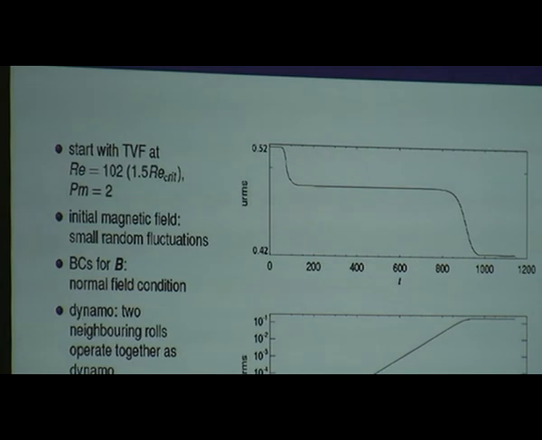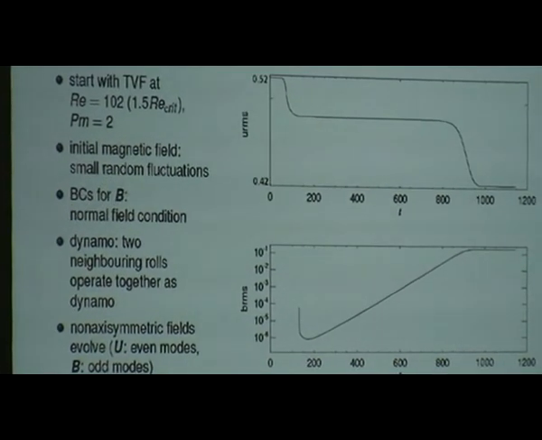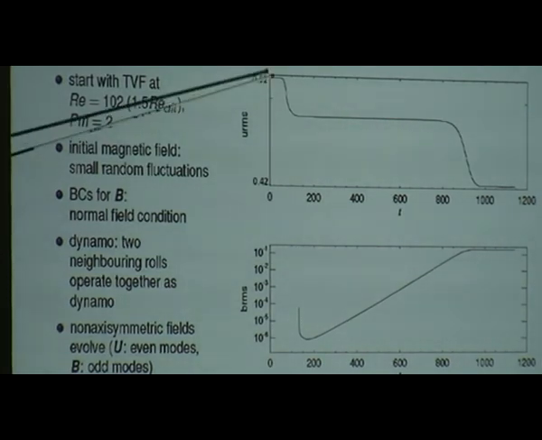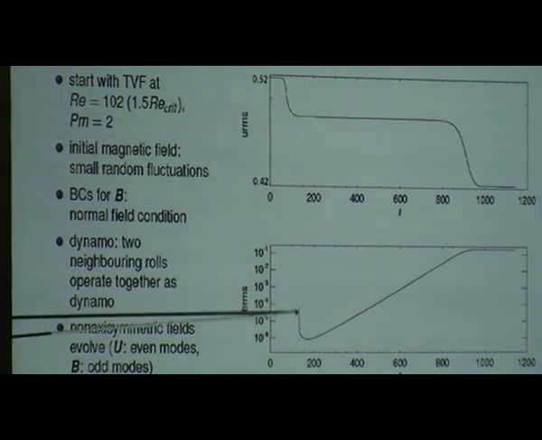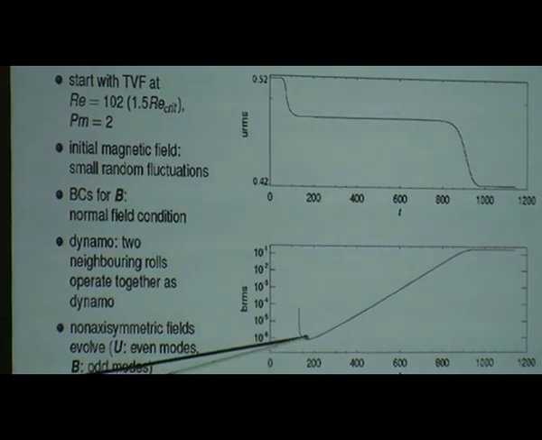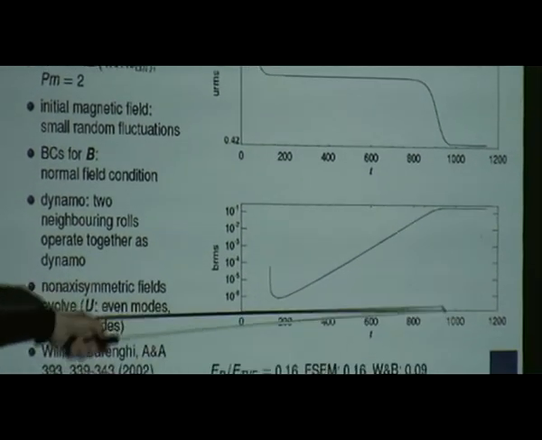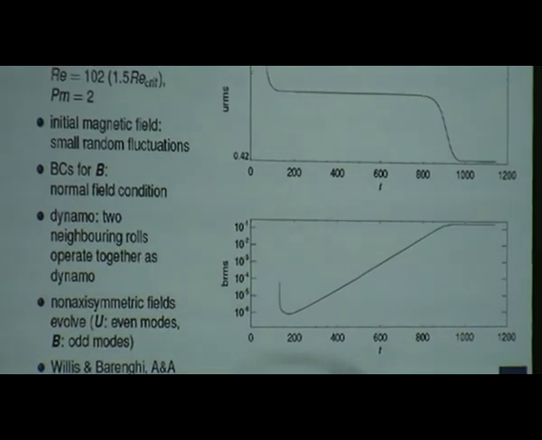And I started the simulation purely hydrodynamical, and after the transition to the Taylor-Couette flow, I added some small random fluctuations to the magnetic field, and then one can see that the velocity drops down a little bit, and after a short decay time of the magnetic fluctuations, they start to grow, and after roughly 10 times the viscous time scale, one reaches a steady state.